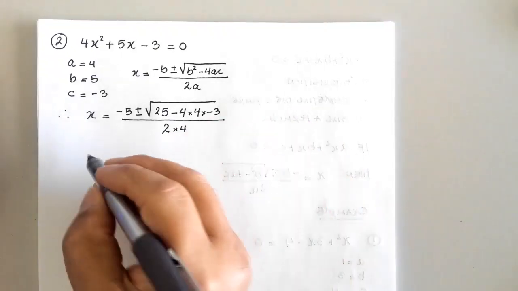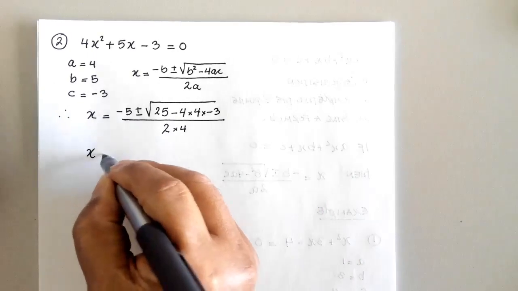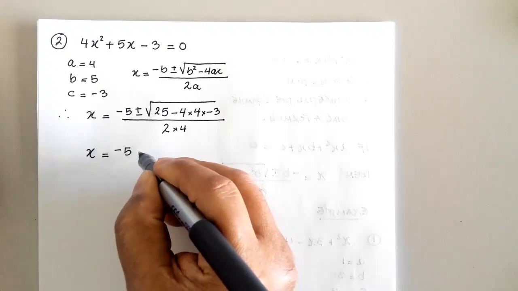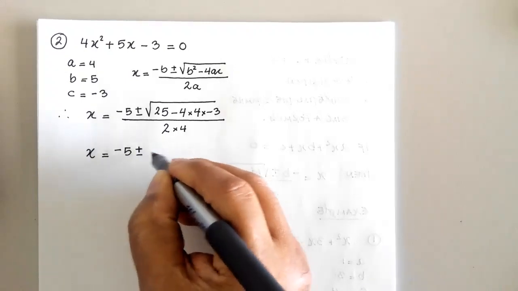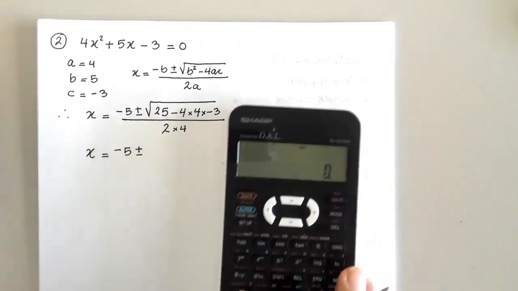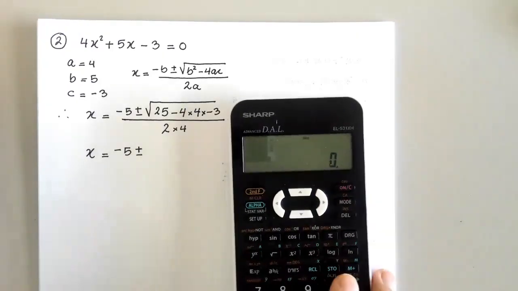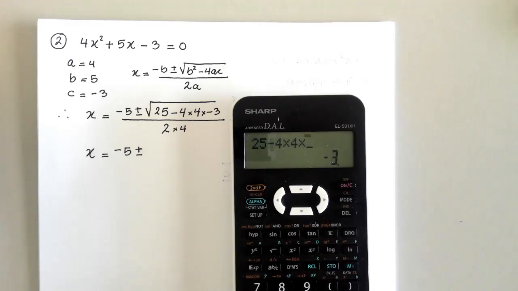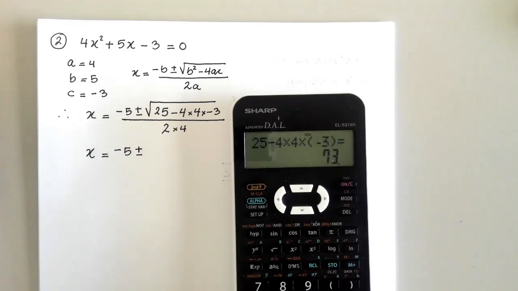And then we're gonna simplify. That will give you -5 plus or minus the square root of all that inside. Let's do that. So we do 25 take away 4 times -3, so that will give you 73.